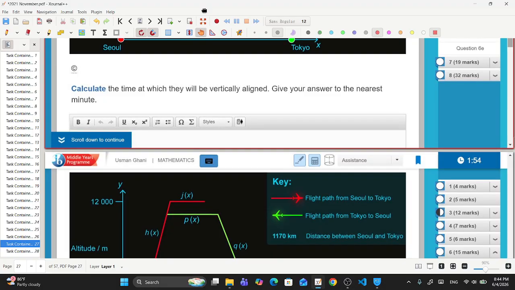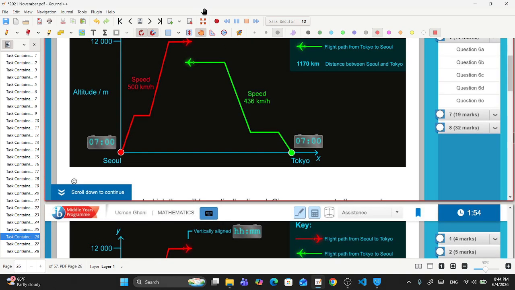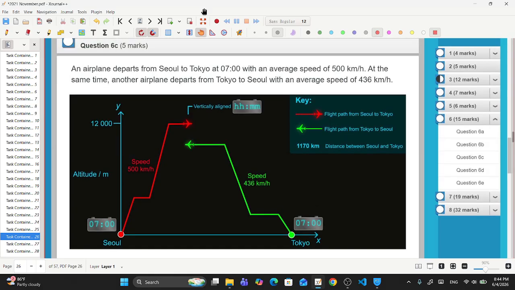Calculate the time at which they are vertically aligned. Give your answer to the nearest minute. Let's just read the question first. An airplane departs from Seoul to Tokyo at 7. It has an average speed of 500 kilometers per hour.